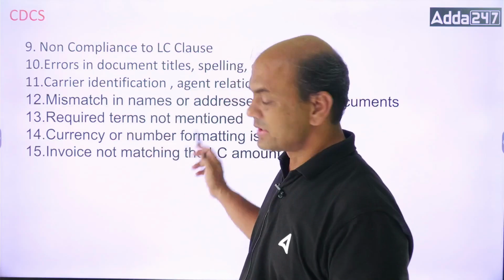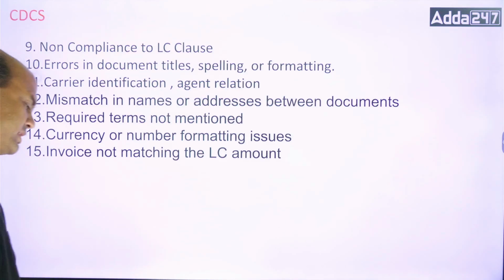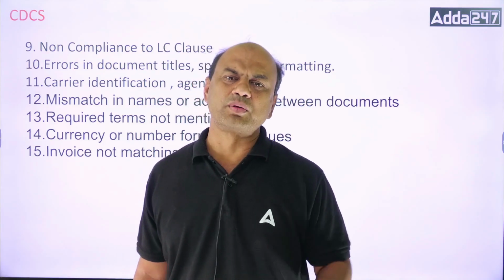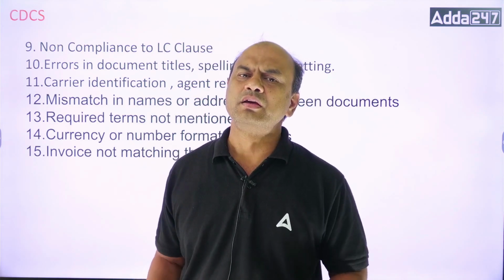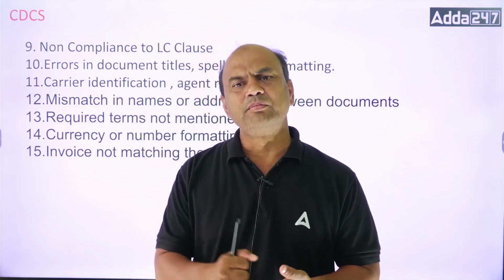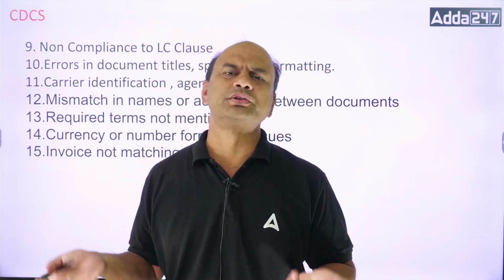Required terms not mentioned. What are the required terms which are not mentioned? Required terms means, let's say, the credit says the documents should be stamped or authorized by some consulate, and I am not doing so.